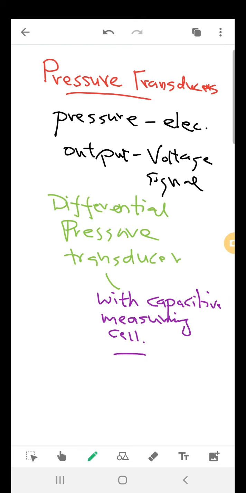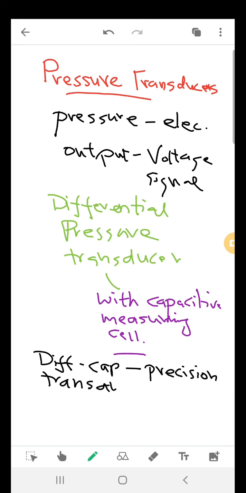Now this differential capacitor is a precision transducer, and is highly accurate, noise free, and stable at lowest pressure.